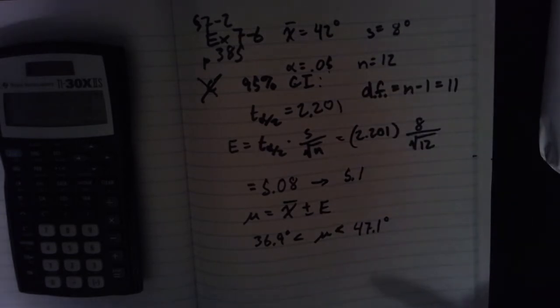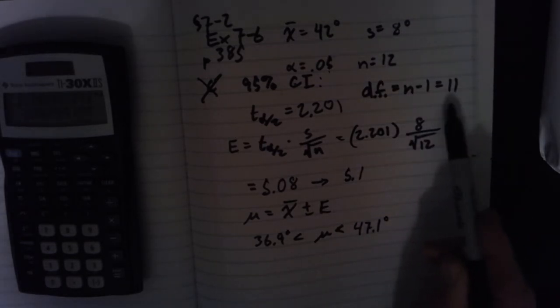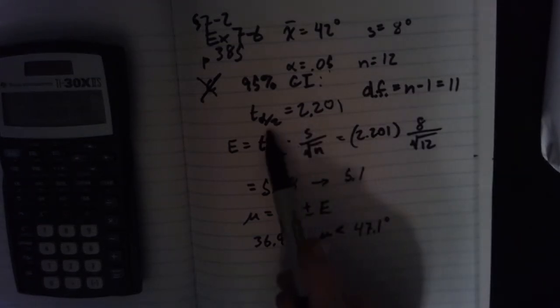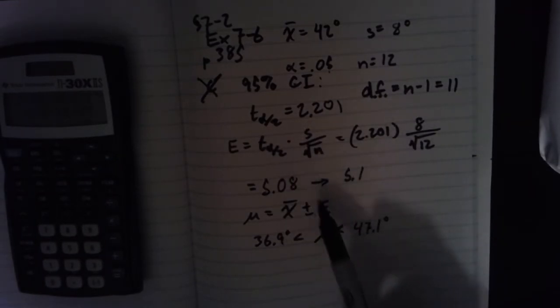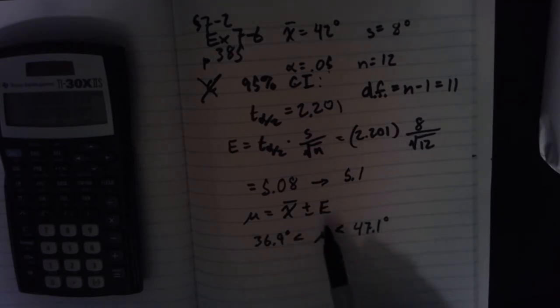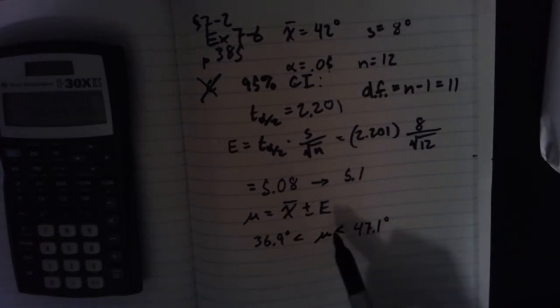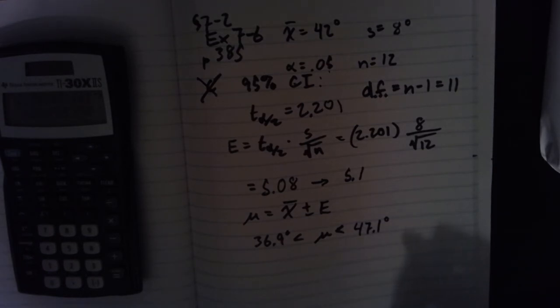Again, to reiterate, the sample size is 12, gives us 11 degrees of freedom. Finds for us this t subscript alpha over 2. We construct our margin of error like so, and then add that onto the average to get the upper bound of our confidence interval, subtract it away from the average, and get our lower bound for the confidence interval.